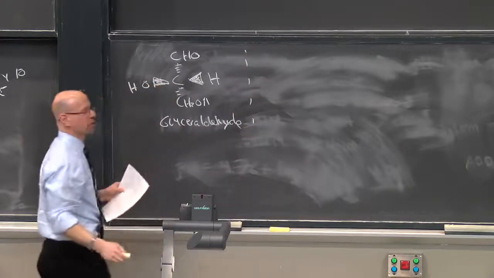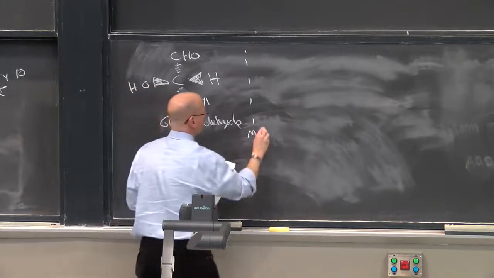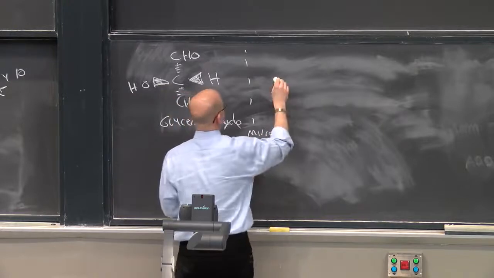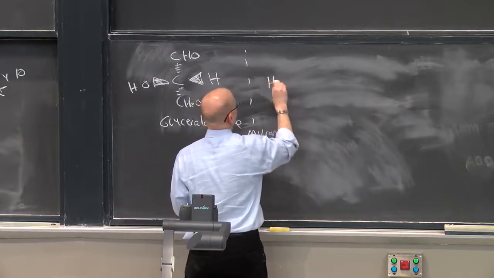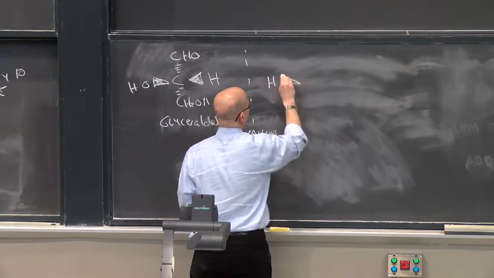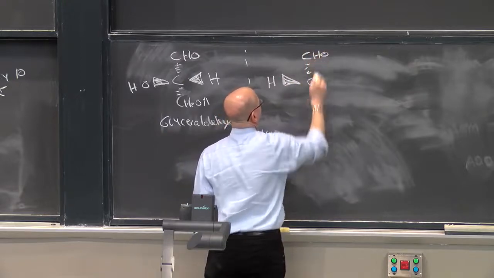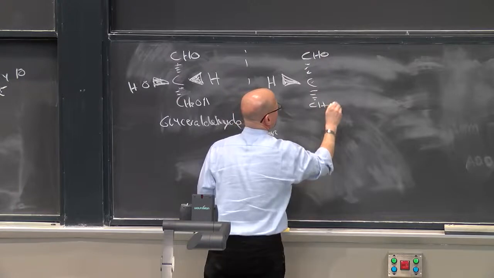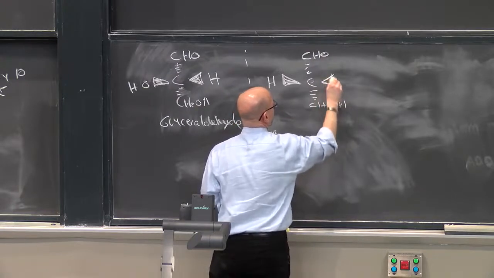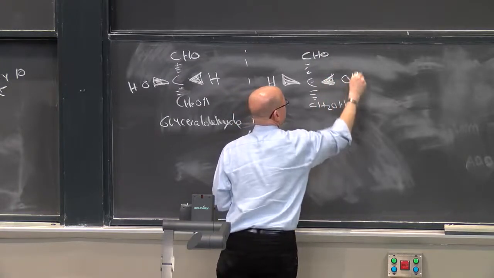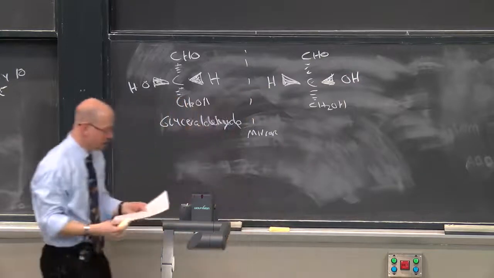I can draw a mirror plane, and I can draw the stereoisomer of this. So I have two stereoisomers.